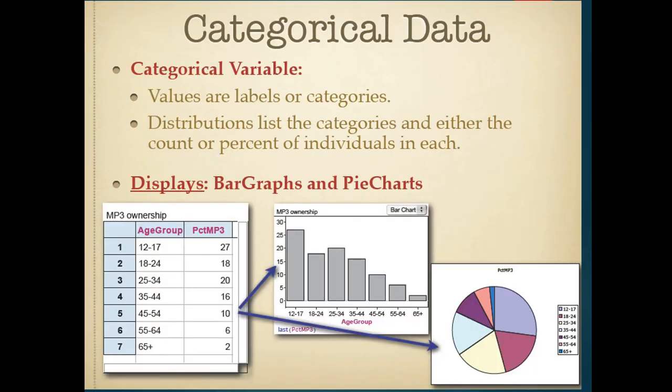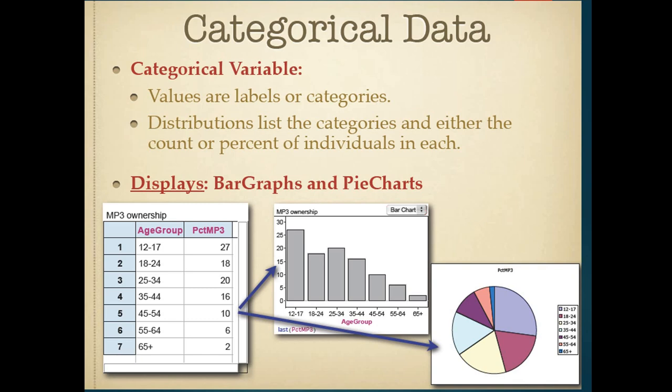We have two types of data we're going to be focusing on: categorical data, which shockingly enough is when your data has categories. So the example below is we broke up age groups into categories and then counted how many people fell in that category for owning MP3s.